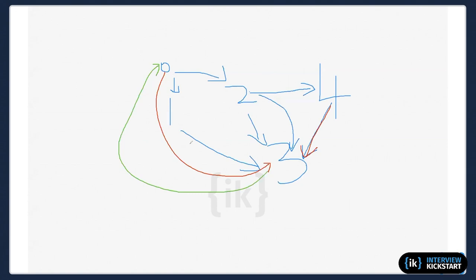But actually, to detect the cycle, I don't really need arrival time. I can just use the departure time. If I start assigning times, just 1 second when I visit a node.